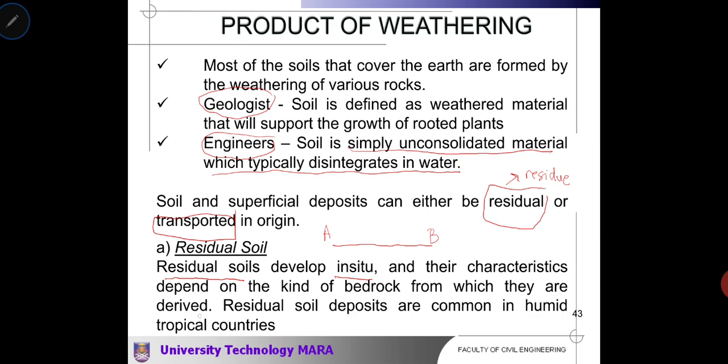Their characteristic depends on the kind of bedrock or grade 1 rock from which they are derived. Residual soil deposits are common in humid tropical countries. So if you can see a lot of soil in Malaysia, that is actually residual soil.